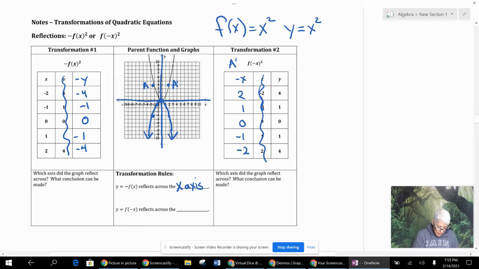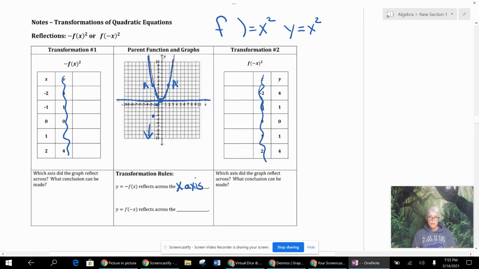If I mark all these points off, going up and around, it's going to look exactly like the original parent function, only what was on the one side is now on the other side. It's flipped like this. So if you put a negative within the parentheses in front of the x, it's going to flip across the y axis. That's all I need you to remember, okay?